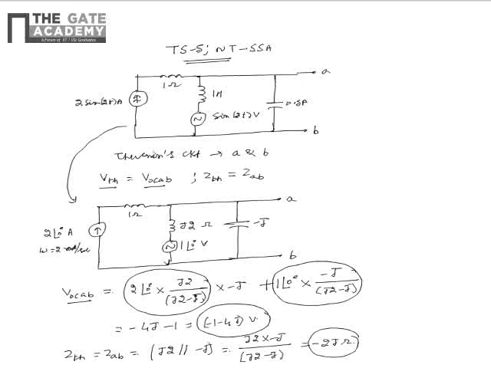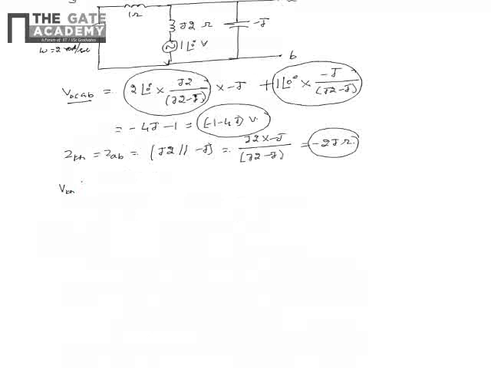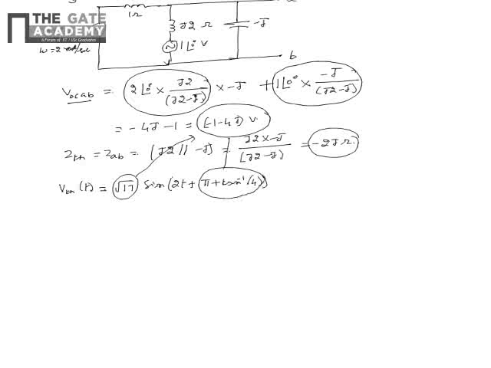Now upon converting the same to the time domain form, we see that VTH of t can be written as root 17 multiplied by sine of 2t plus pi plus tan inverse 4, where root 17 is the magnitude of minus 1 minus 4j and pi plus tan inverse 4 is the phase of the same, and we have put 2t here because the circuit is operating at 2 radians per second.